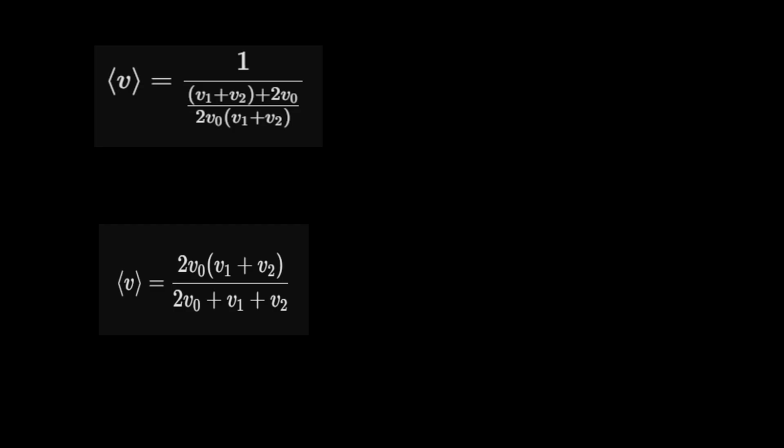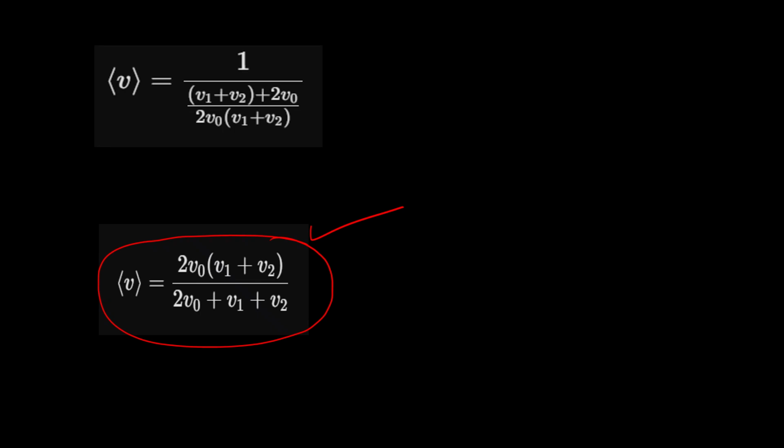To simplify this, we can invert the complex fraction in the denominator. This gives us v equals 2v0 times open bracket v1 plus v2 close bracket, all divided by open bracket v1 plus v2 close bracket plus 2v0.